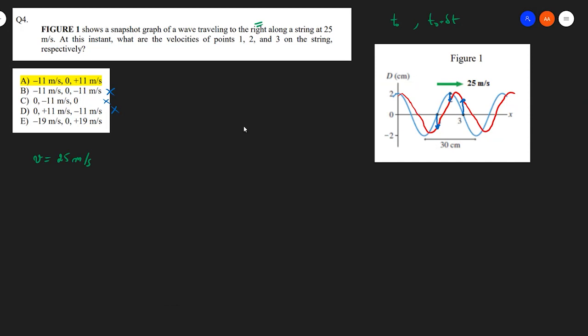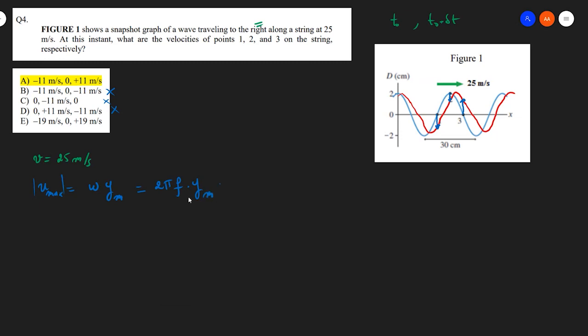So this information, we got from the graph. We need to do some math now. We know that u max is equal to omega y_m, in absolute value. This is the transverse velocity. Here we are calculating the transverse velocities, and we need some information. Omega is 2 pi f.